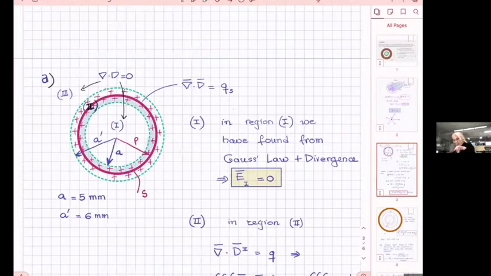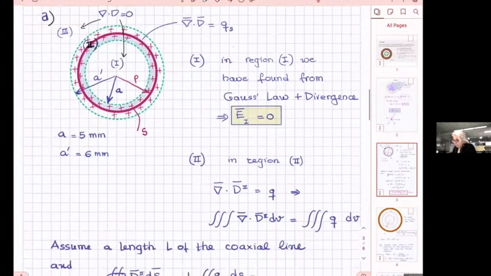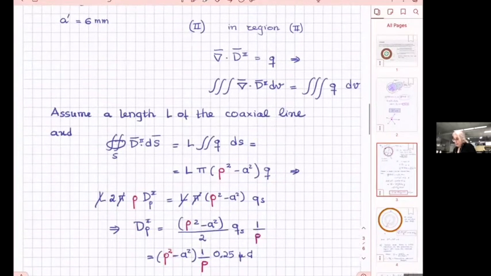And this area is pi (a prime squared minus a squared). If I take this area multiplied by the length L, I find the volume of this ring, and that times the density of the charge is going to give me the total charge.